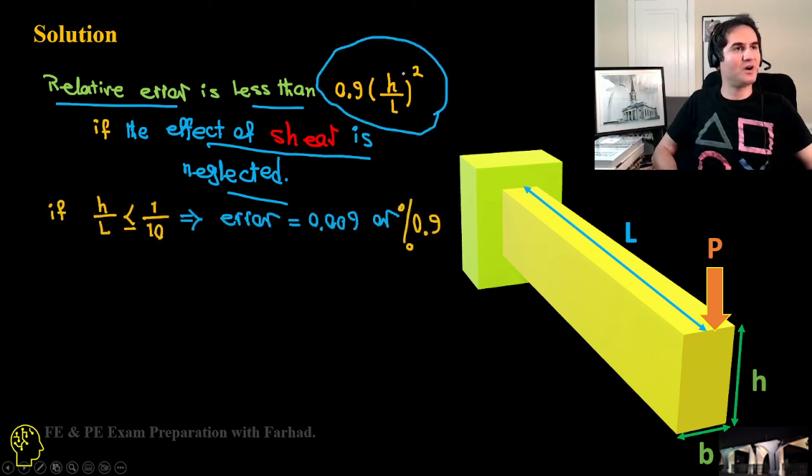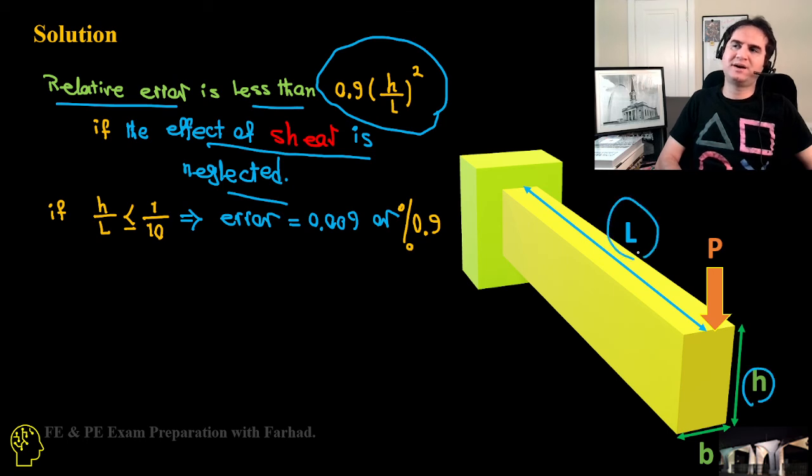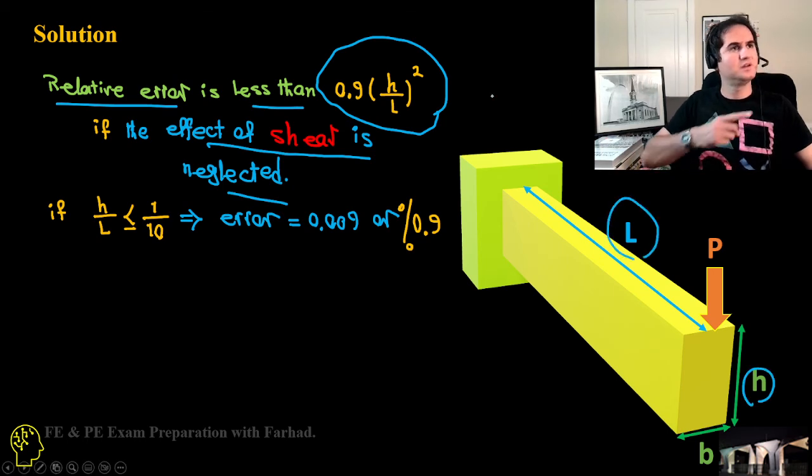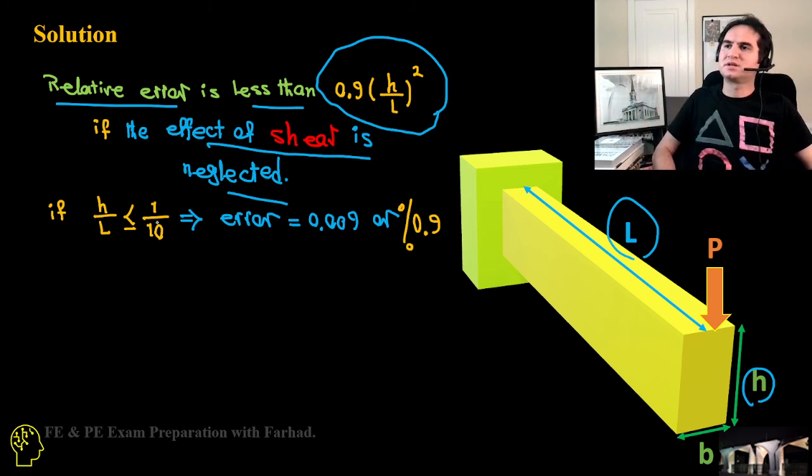To see how small that value is, consider H over L, the height of the cross section in comparison to the length of the span. If it is smaller than 1/10, which is most of the time the case, then the error is something like 0.009, or 0.9%. That's a very small amount.